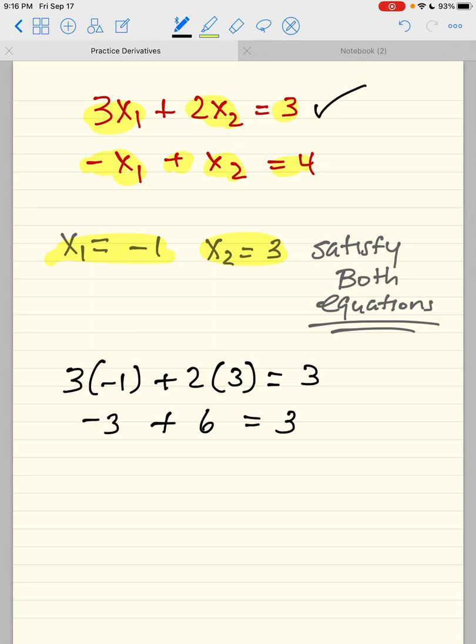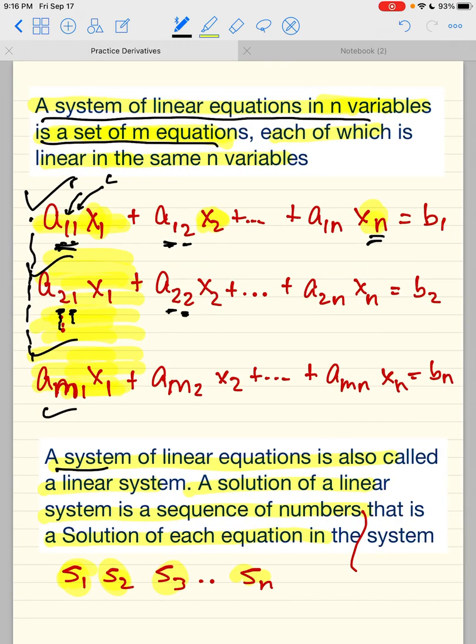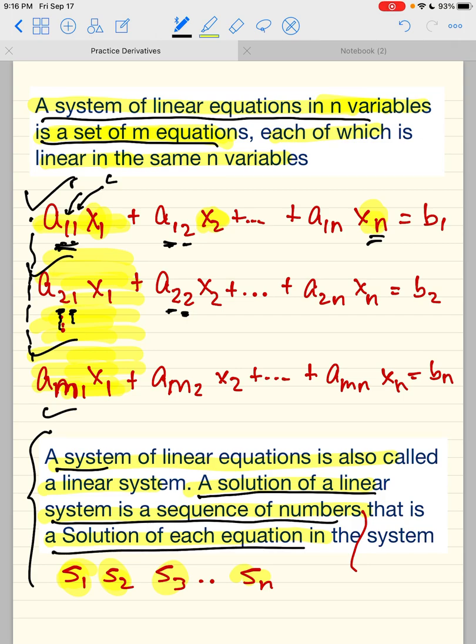You have to check that it satisfies the other one too, and it does: 1 plus 3 equals 4, so it satisfies all of the equations. That's what this means. A system of linear equations is also called a linear system. A solution of a linear system is a sequence of numbers that is a solution of each equation.